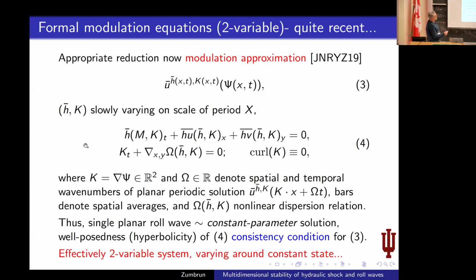Okay, again, that would be completely valid for the viscous case. Here it's a bit of a guess, but here's what you get. Now the curl of the wave number must be 0.